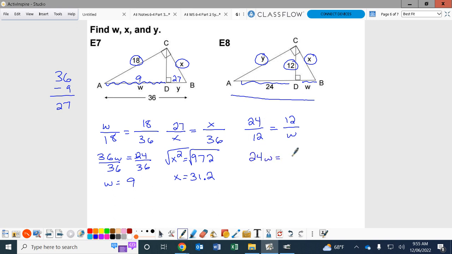Now, guys, you should know what 12 times 12 is. It's 144. Divide both sides by 24. My guess is that it divides evenly. 6. Okay, I'm going to put 6 right here.